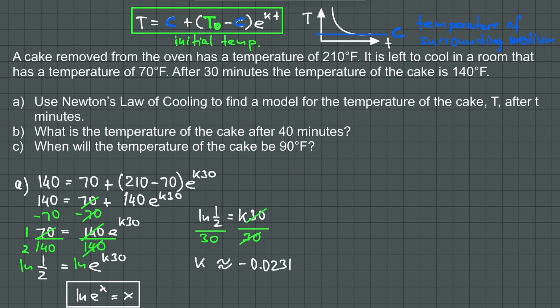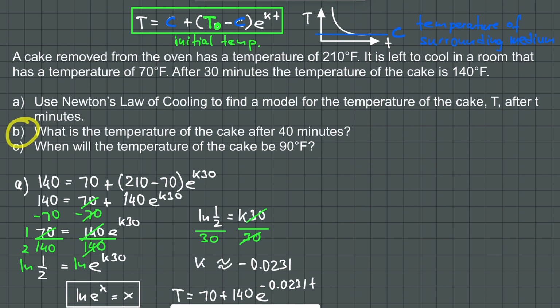Now we substitute the negative of 0.0231 for k into Newton's law of cooling. So we get T equals 70 plus 140 times e raised to the power of the negative of 0.0231 times t.